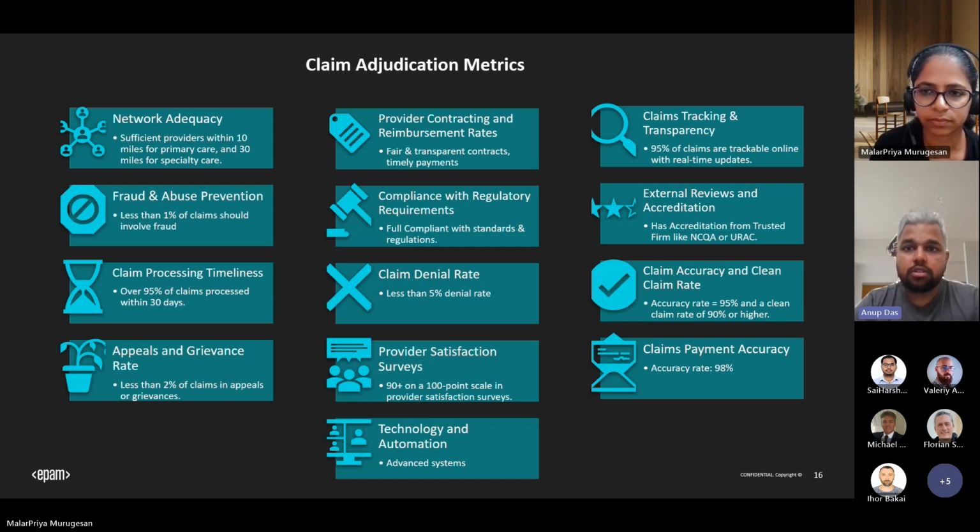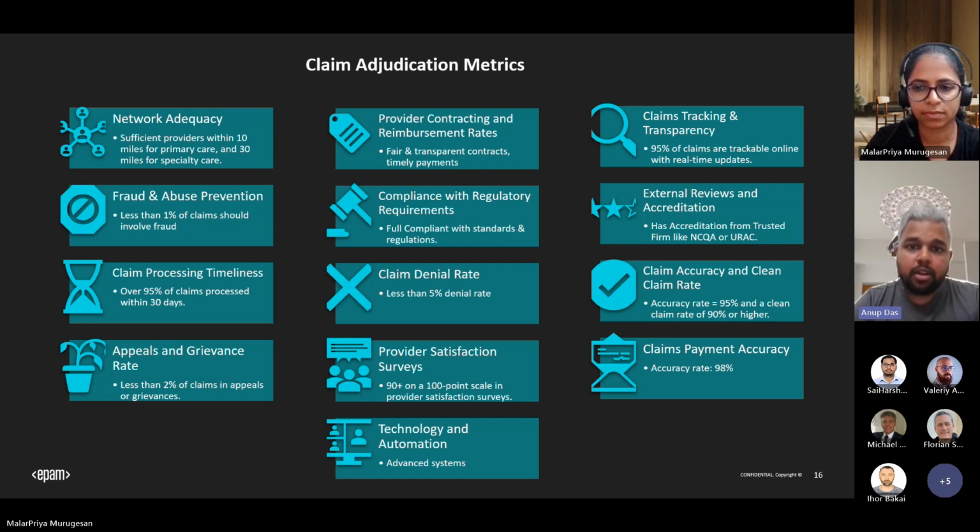Moving on to the next one, claims tracking and transparency. One of the huge issues for any claimant who is putting out a claim is being unable to track where the claim is failing and what the issues with the claim are. There is no transparency on the data. I think MCOs are now providing more visibility and transparency throughout the claim process.